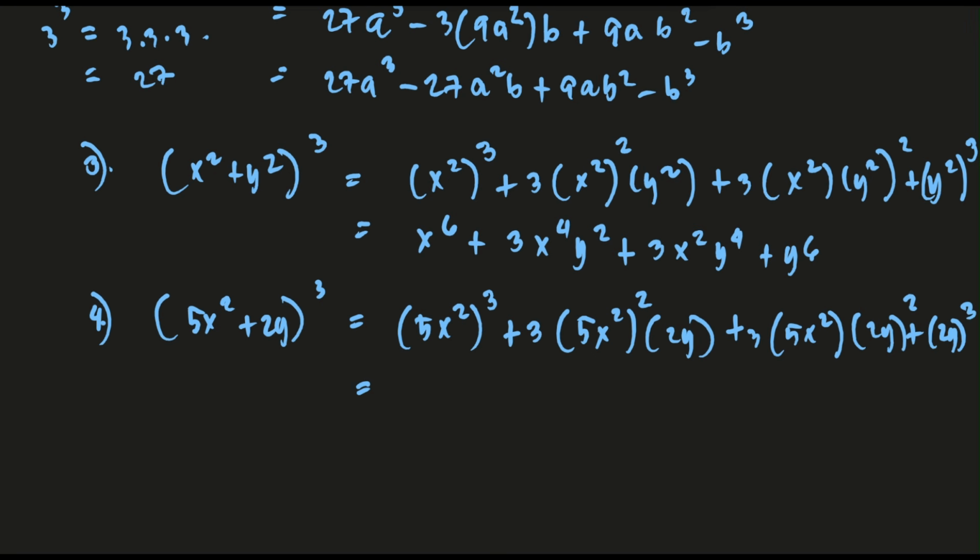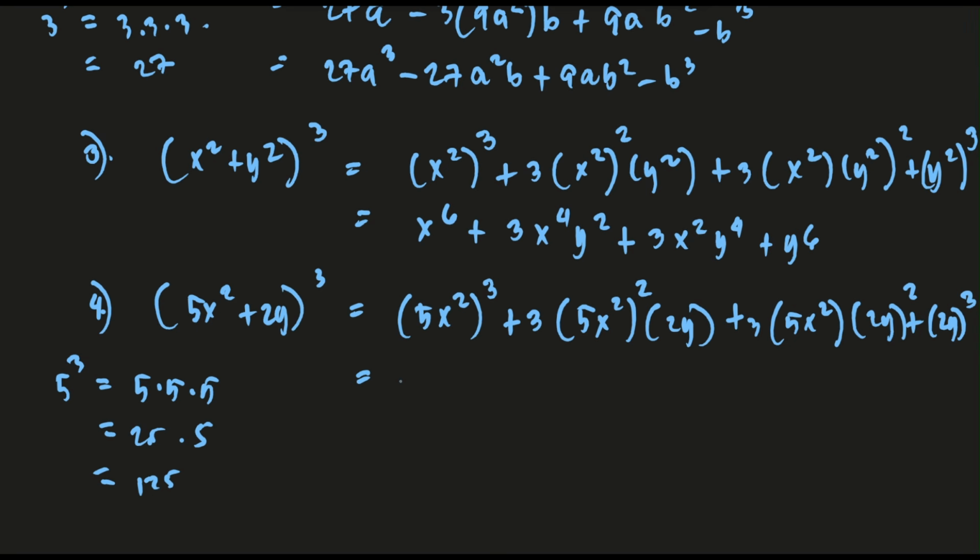Alright, now what happens here is that you're going to cube the 5, or the numerical coefficient. That would be 5 cubed, 5 times 5 times 5, 25 times 5, that would give you 125. And then applying the power rule, x to the power of 6. Simply multiply the exponents.